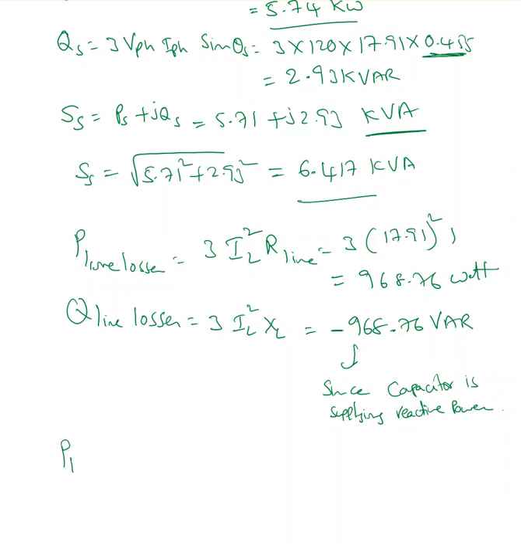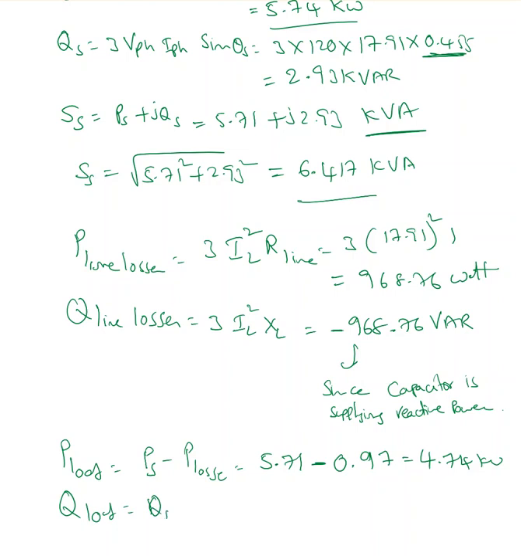So what is the P load? P load must be P source minus P losses. P source I have 5.71 minus losses 0.97, that will be 4.74 kilowatt. And same thing, Q load is Q source minus Q losses, but remember the line is not losing reactive power, it is supplying it, so it's minus of minus.